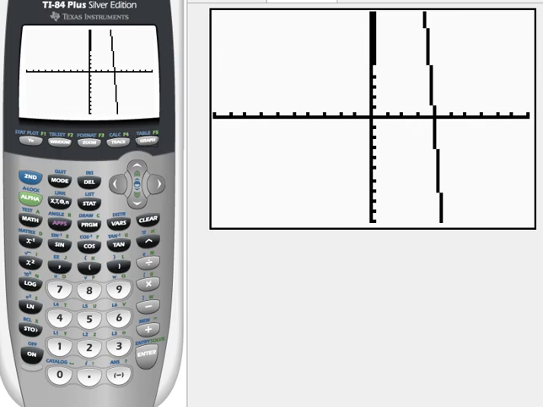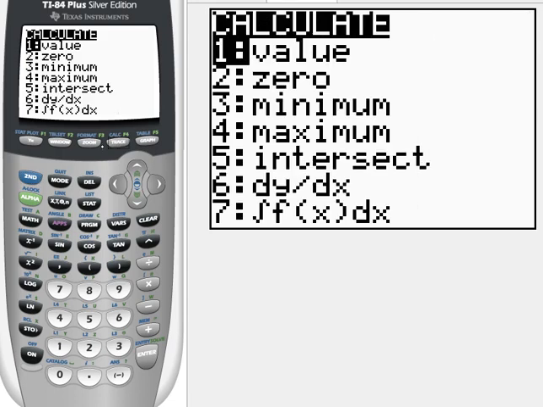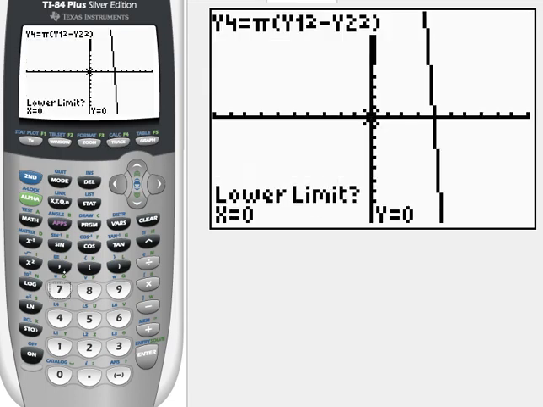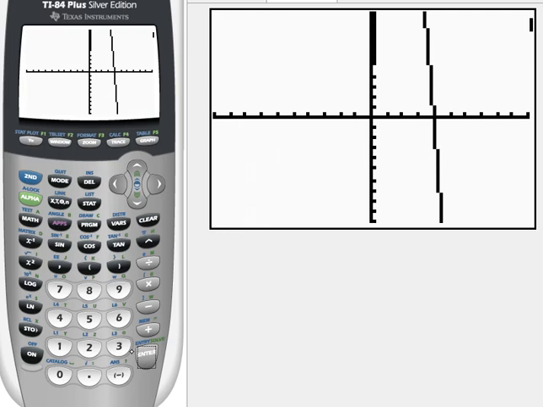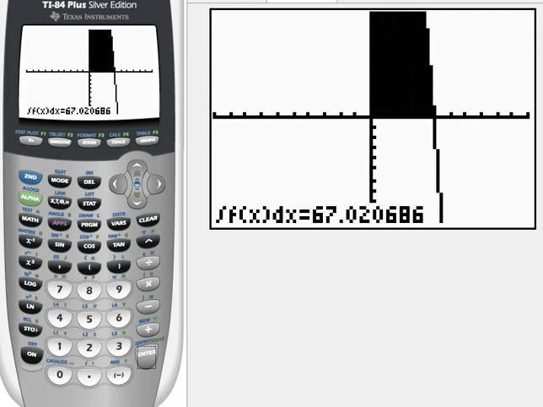When I go over, it doesn't look anything like the problem that I had, but I'm going to second calc 7 to integrate between 0 and 4, and I get a volume of 67.02.